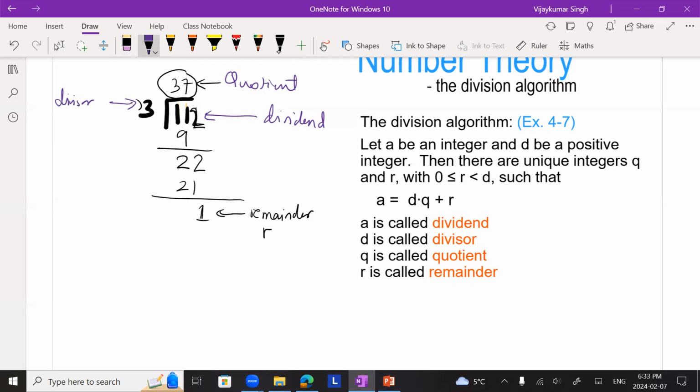So if I want to write this in terms of letters, suppose this is R, this is Q, this is my D, and this is my A, the dividend.